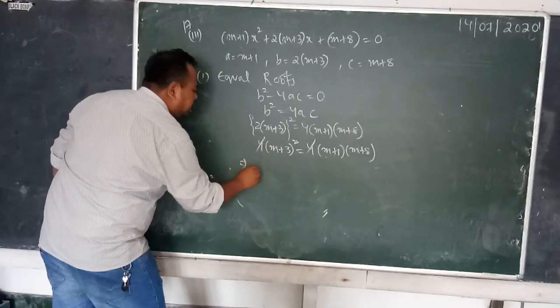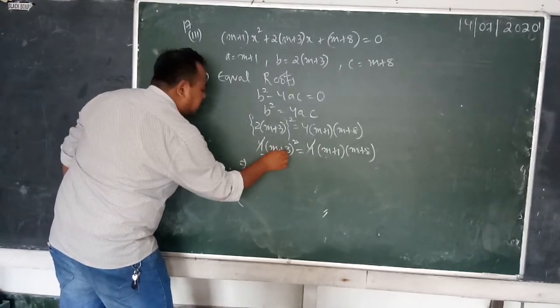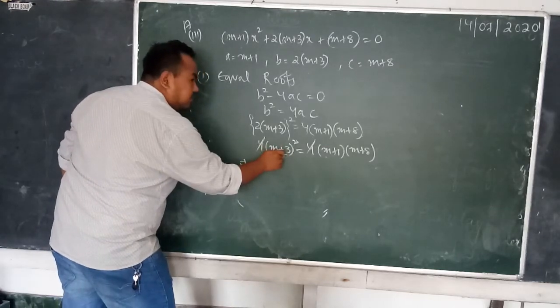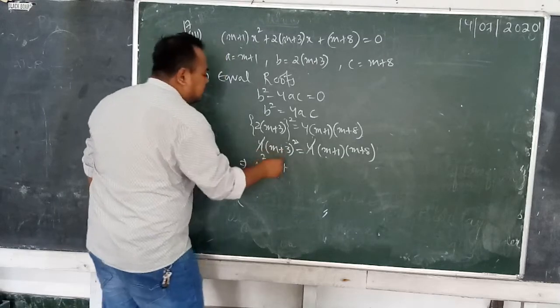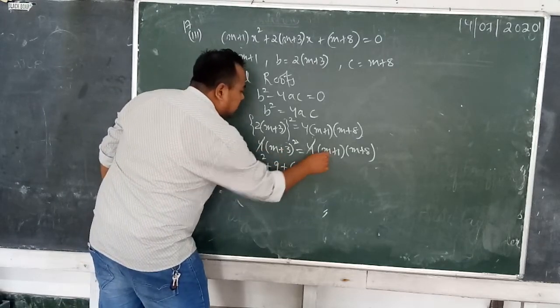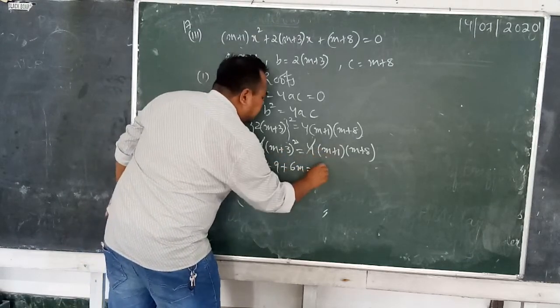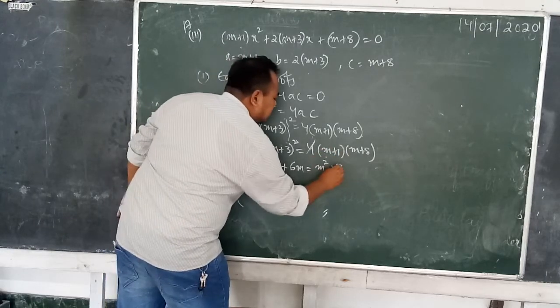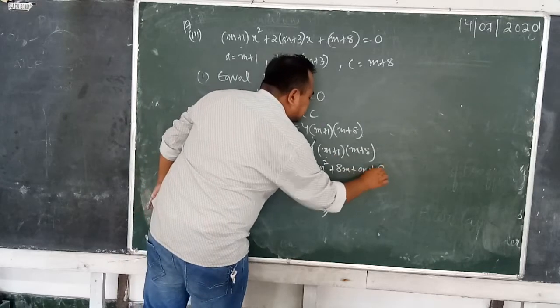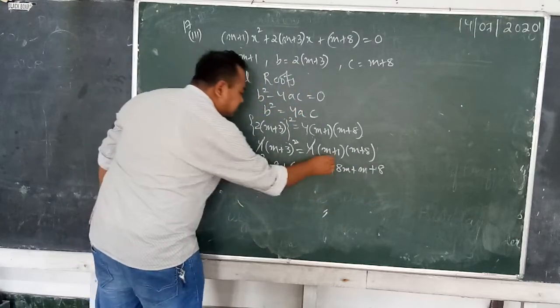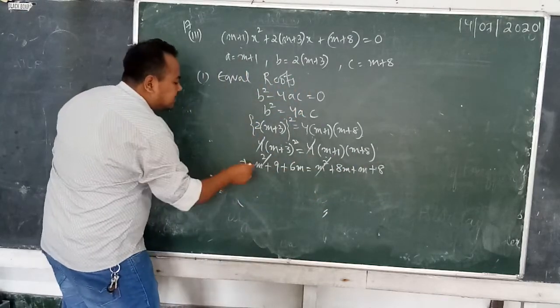This is the (a plus b) whole square formula. It's m square plus 3 square, that is 9, plus 2ab, 2m into 3, that is 6m. Multiply this also: m into m square plus 8m plus 1 into m is m plus 8 ones are 8. As you can see, m square and m square get cancelled.